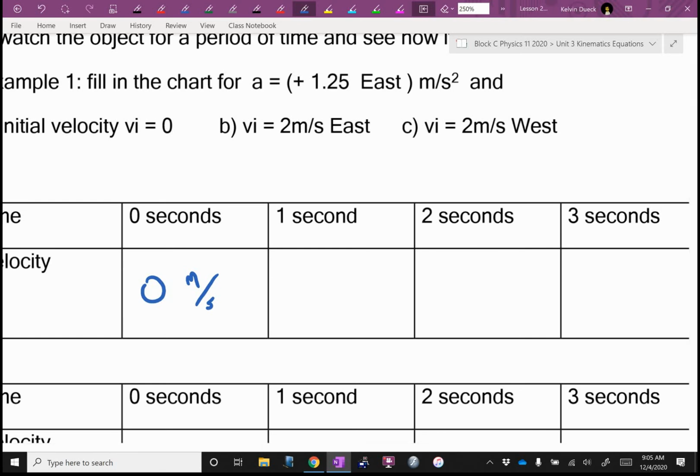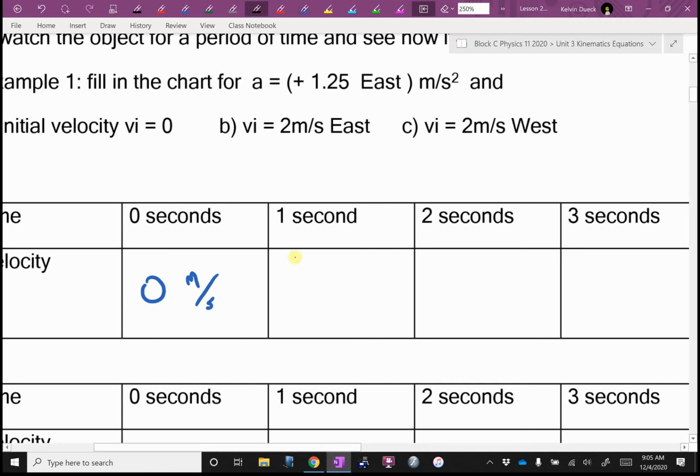1 second later, let's pretend this is a little toy car. If this toy car is accelerating at positive 1.25 meters per second every second, how fast do you think it's going after 1 second if we start at 0 and it's increasing its speed by 1.25 meters per second per second? That's the question. And this one is maybe so obvious that it's a bit tricky.